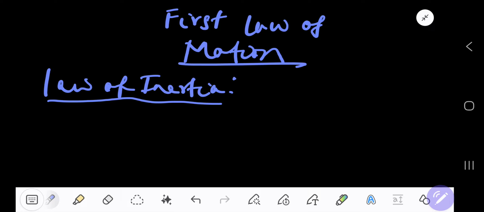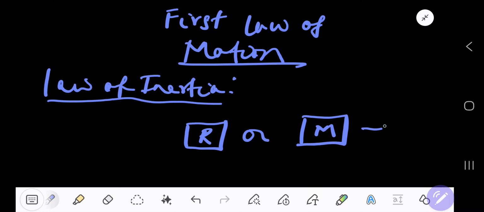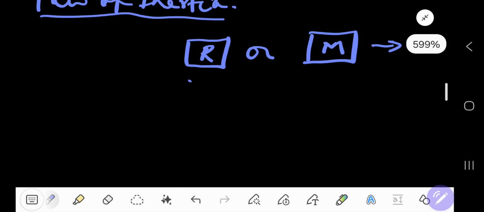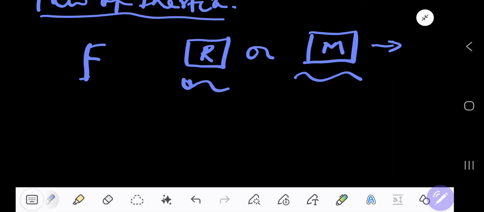The law of inertia states that if a body is in a state of rest or in a state of motion, it will stay in its current state unless an external force is applied on the body which changes its state.